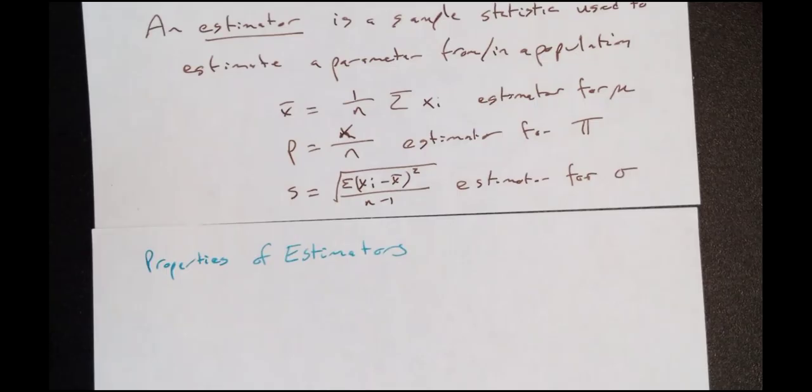I want to estimate height of an undergraduate student on the Seton Hill campus. What am I going to do? I'm going to grab a bunch of people, measure their heights, take that average. And then I'll say, okay, based on this group, I think the average height of a Seton Hill student is.